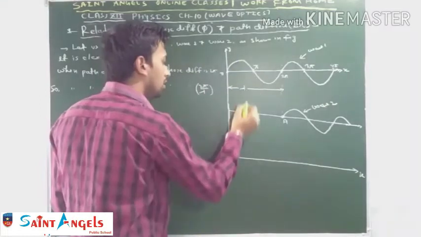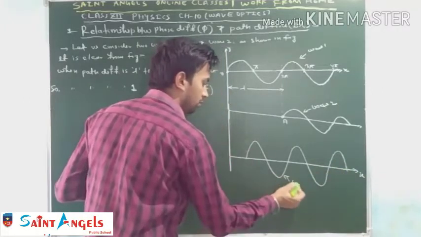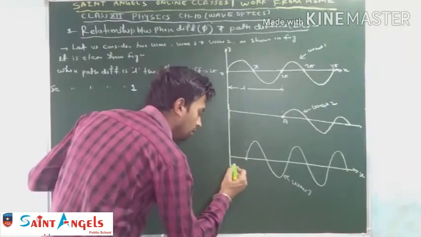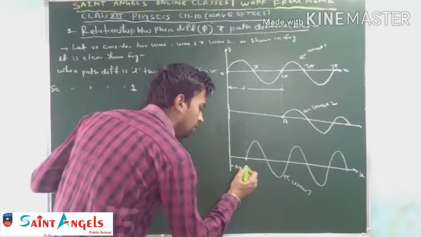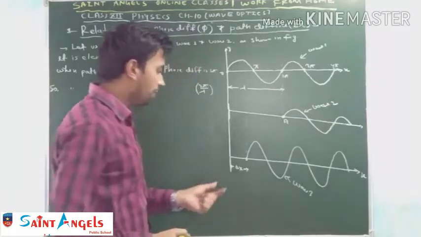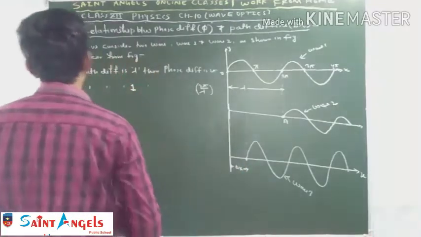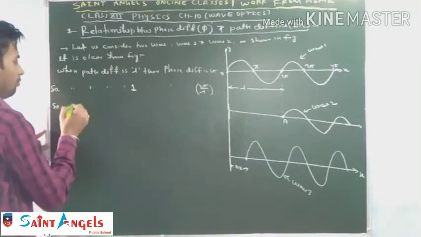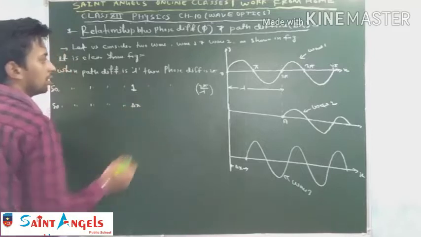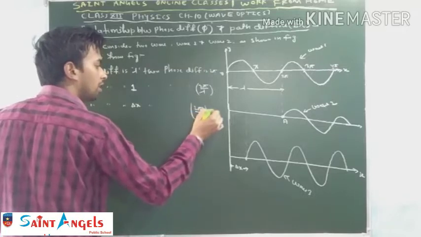So consider a third wave which starts to propagate with a path difference from the first wave of delta x. Student, now we have to find the difference in phase when the difference in path is delta x. So when path difference is delta x, then phase difference is 2 pi by lambda into delta x.